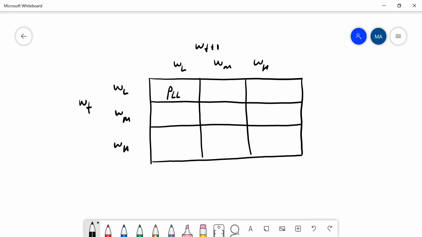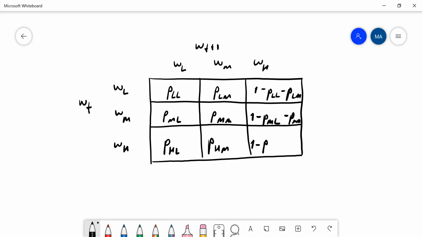So these are PLL, PLM, 1 minus PLL minus PLM. This is PML, PMM, and 1 minus PML minus PMM. Okay? And here you have PHL, PHM, and 1 minus PHL minus PHM. Okay?